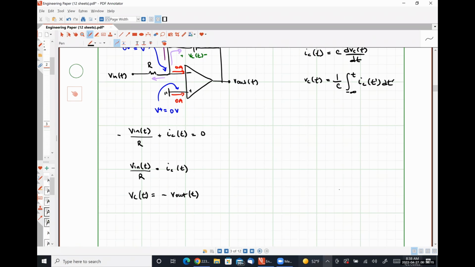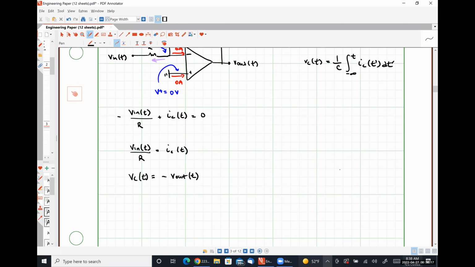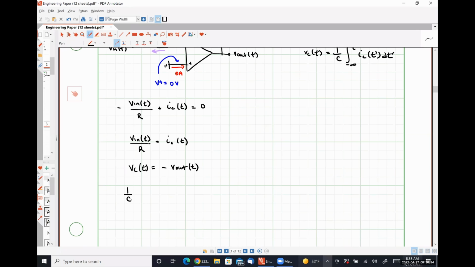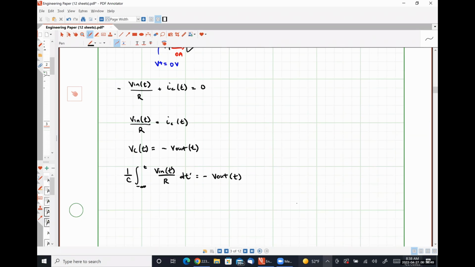And since VC of t is equal to 1 over C times the integral from negative infinity to t of IC, I'm going to substitute in Vn of t prime over R dt prime is equal to negative V out of t.